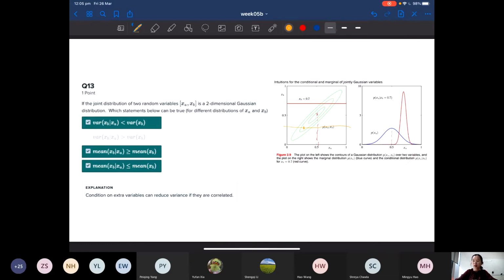The other insight we would like to get across to you is that for jointly Gaussian variables, if the two variables are not uncorrelated or independent, which are the same thing for Gaussians, though not the same thing in general, then conditioning generally reduces uncertainty or reduces the variance, such as seen in this particular picture.